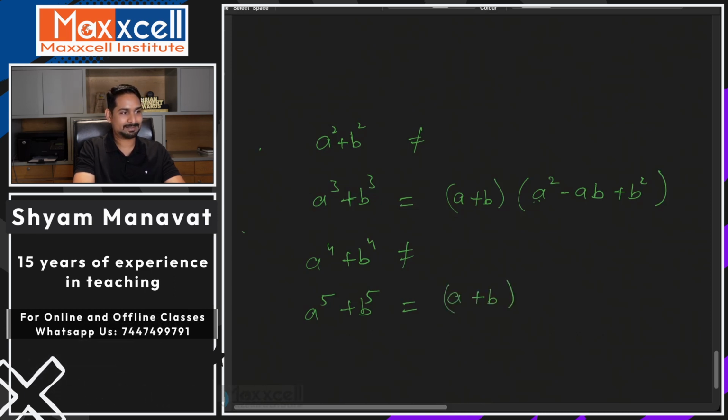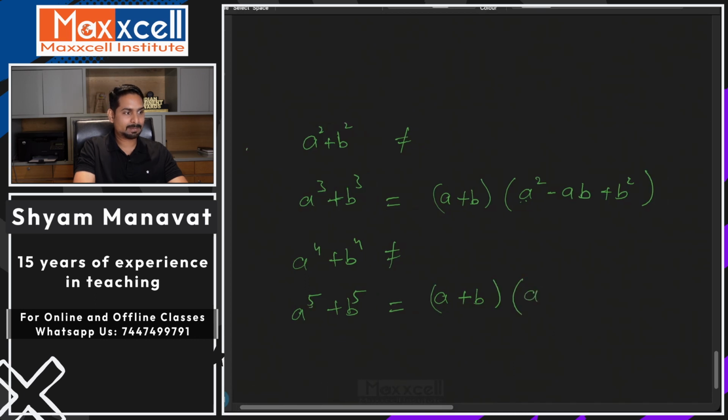a plus b into a to the power 4. The power of the second factor is 1 less than the power of a and b. Power of the second factor, a to the power 4, is 1 less than a to the power 5. Power is 1 less, right?